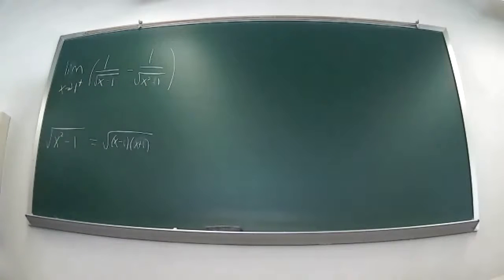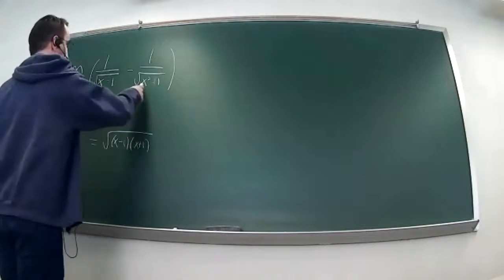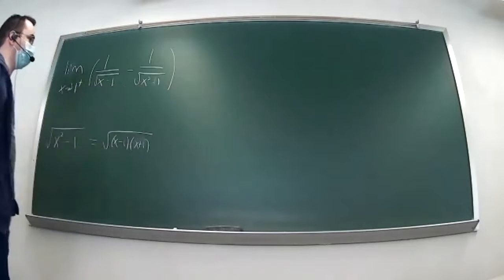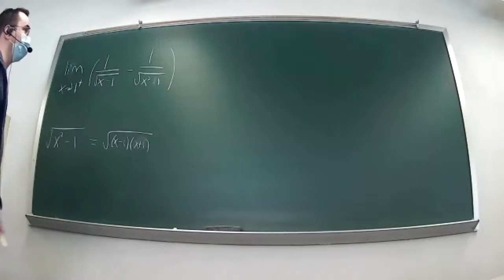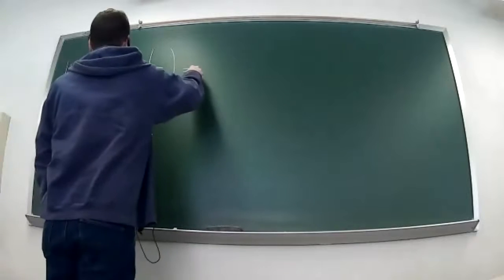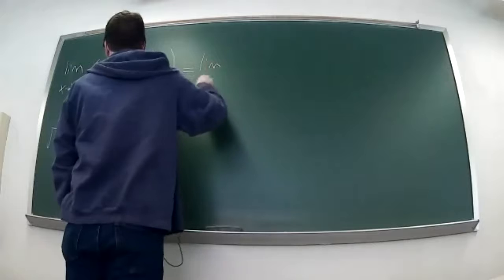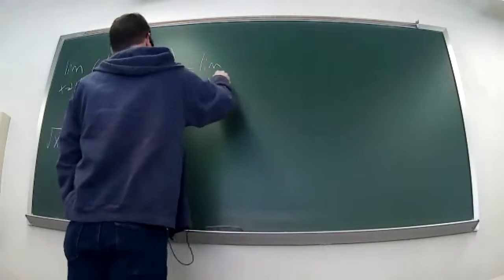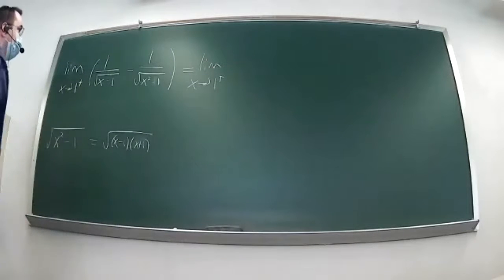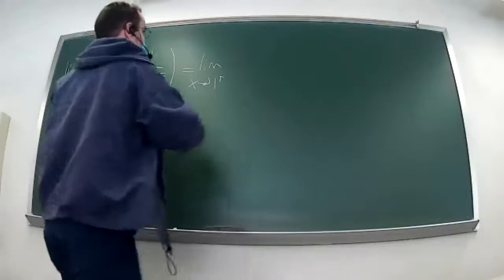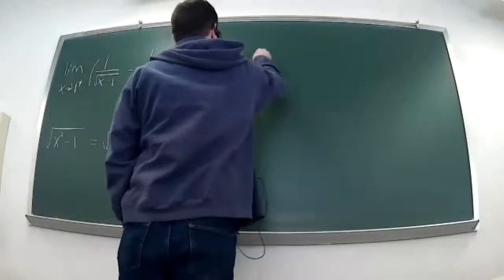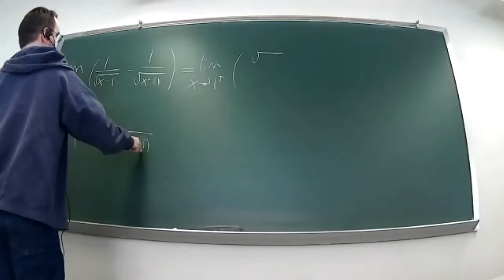one way to do it is to multiply these two things together. That's right. But another way to do it that's a little bit quicker, now that we've noticed this, is I could multiply this by square root of what?